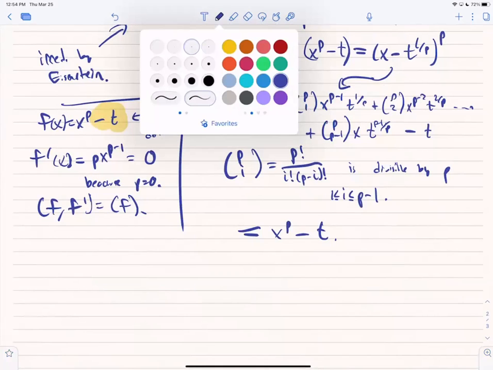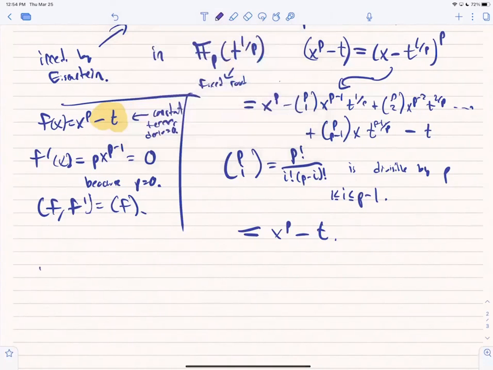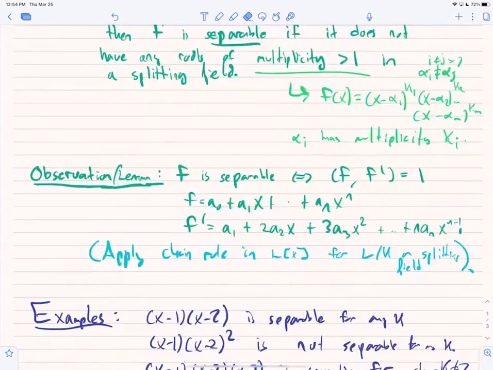So let me state another lemma. You could call this a theorem, or you could even call it a corollary. Maybe it's best to call it a corollary. But have I called anything a theorem yet?